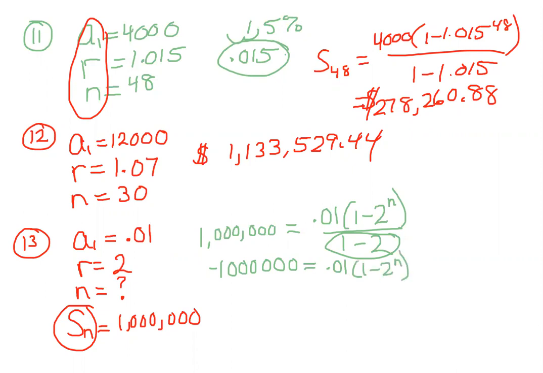And then I'm going to divide by 0.01. And I get 1, 2, 3, 4, 5, 6, 7, 8. Now I have 8 zeros. And I'm going to subtract 1.